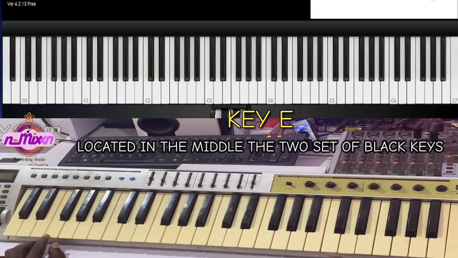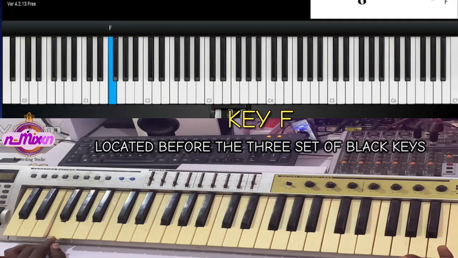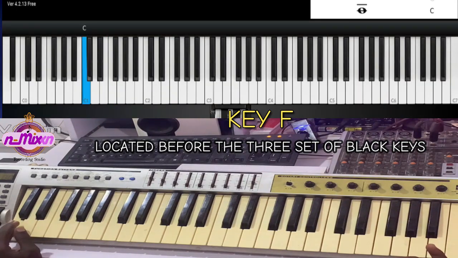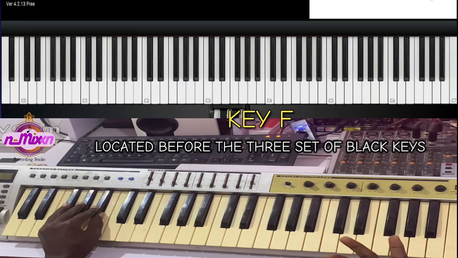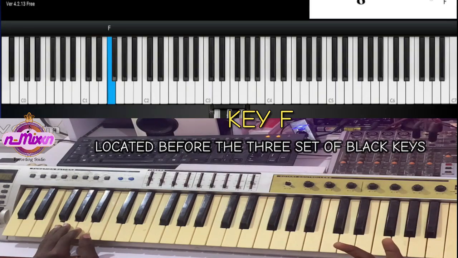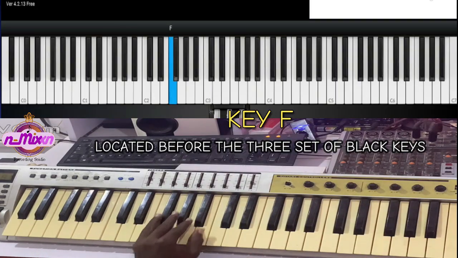Let's go to the next one, that is F. How do you identify F? Just like C begins the two sets of black keys, F begins the three sets of black keys. So I have F here, beginning the three sets.